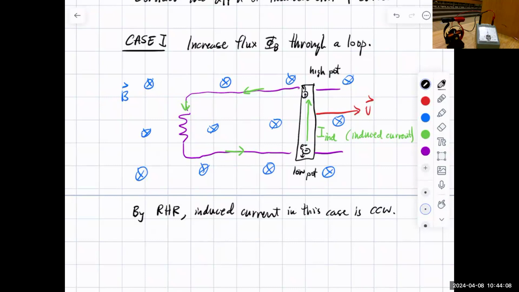High potential is at the collection of positive charges at the top, and low potential is at the bottom, where the negative charges collect. Okay, the induced current creates its own induced magnetic field.